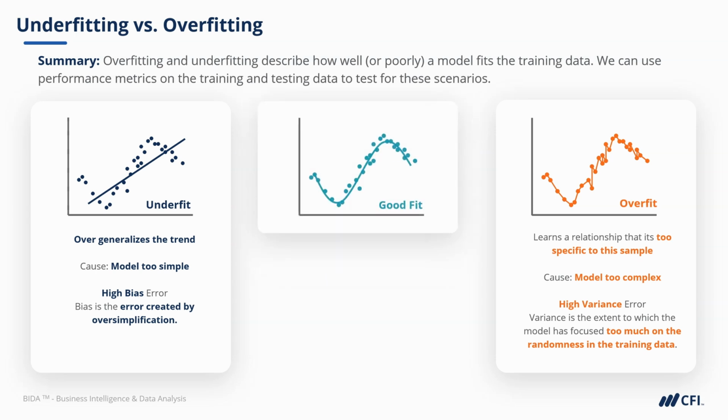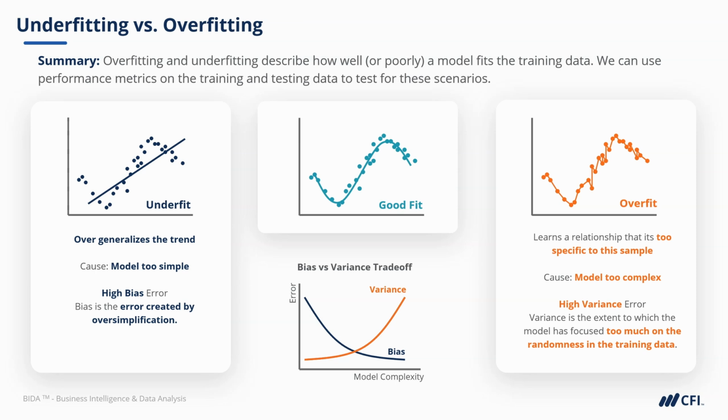So somewhere in between we have a good fit of a model, which makes a good generalization of the data point. And we can summarize the two types of errors that we've been talking about, bias and variance, where a simple model has high bias and a complex model has high variance error. And so we're looking for a model somewhere in the middle which gives us a good fit.